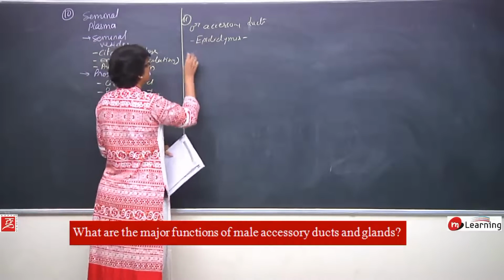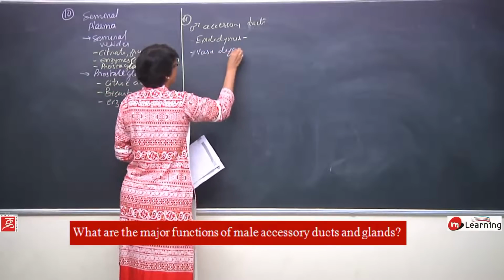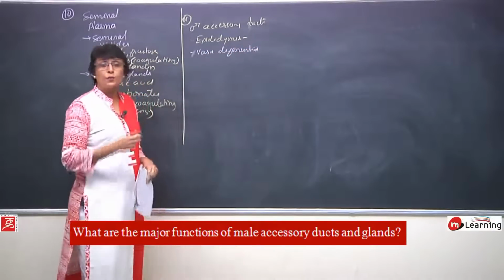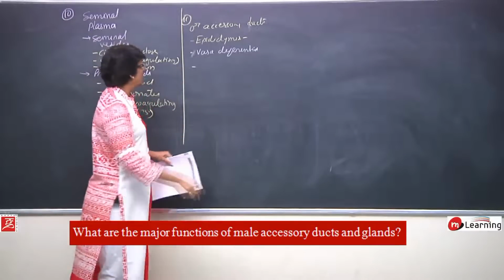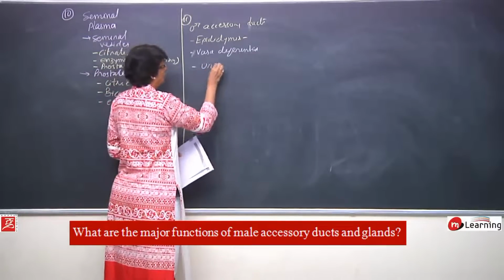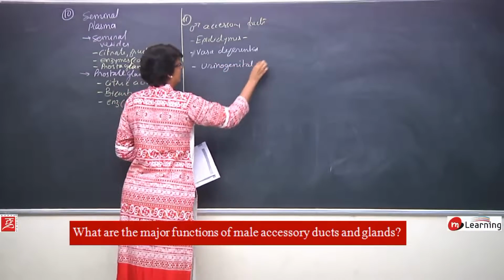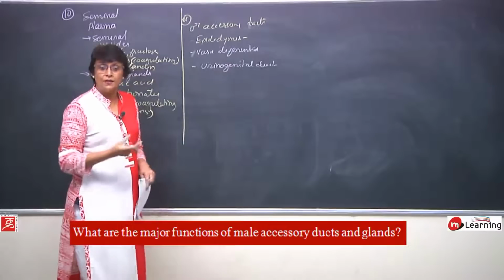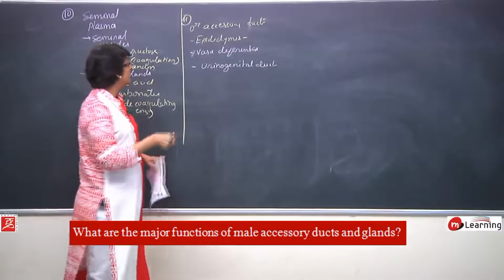After that, the next is vas deferens, just a passage of the sperm; they help in conduction of sperm. Then the urinogenital duct. We can also write vasa efferentia, which pour the sperms from the testes into the epididymis.